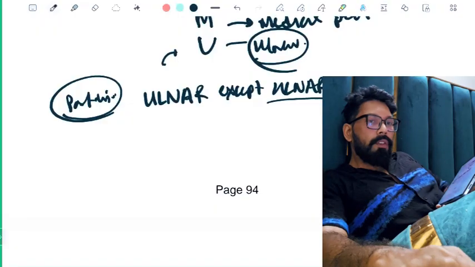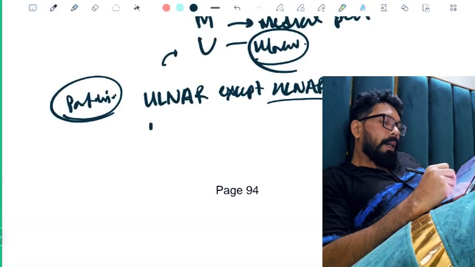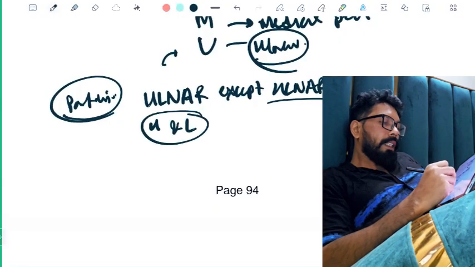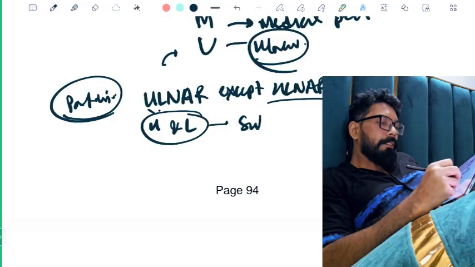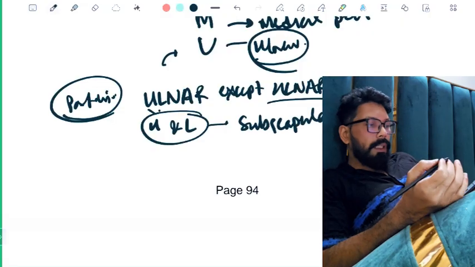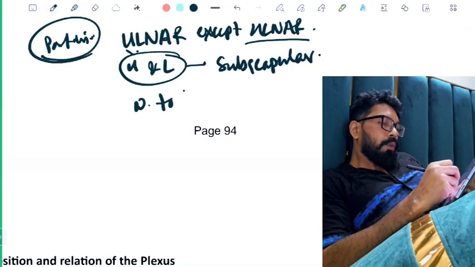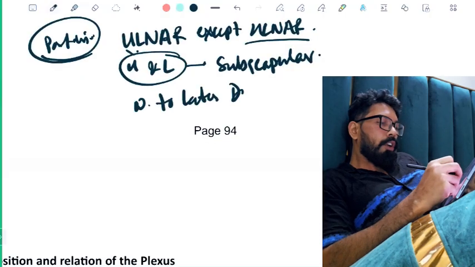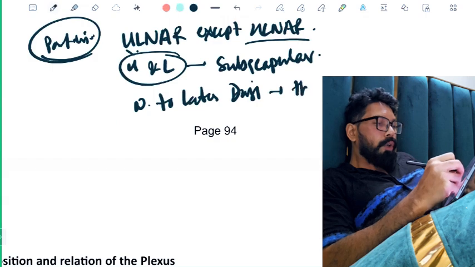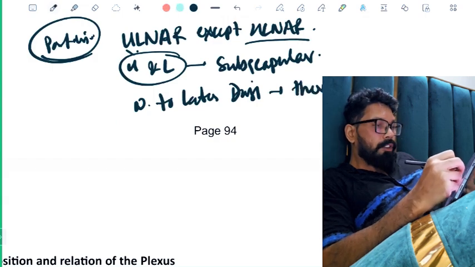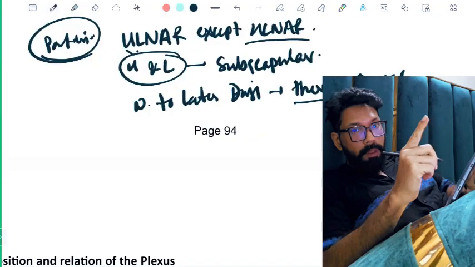So from the posterior cord we have the upper and lower subscapular nerves. Then we have the nerve to latissimus dorsi, also called the thoracodorsal nerve, which helps you do a push up.